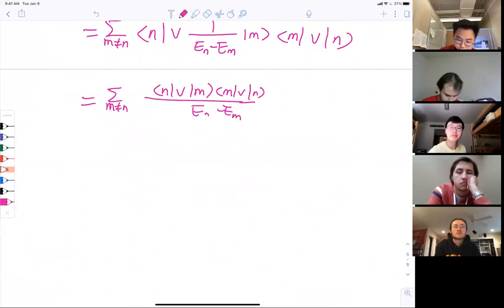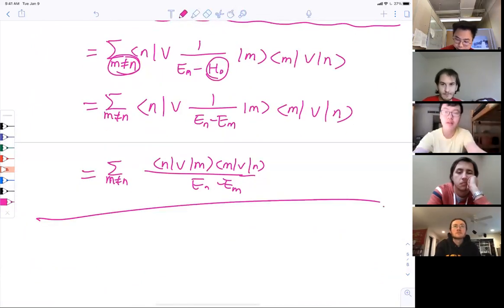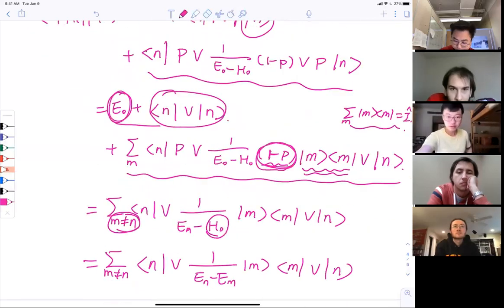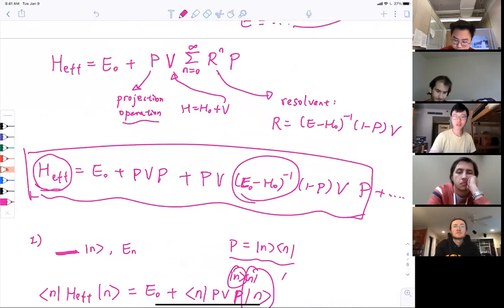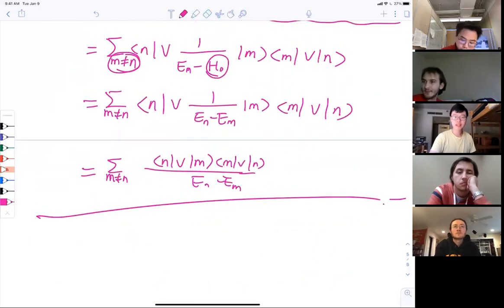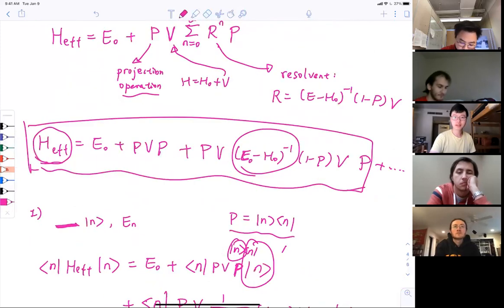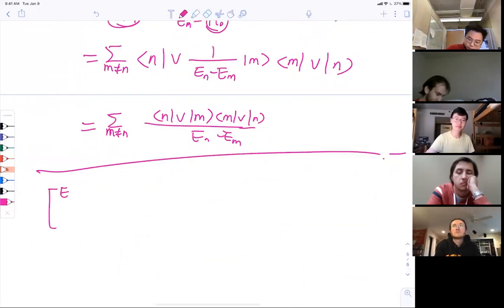You may think, okay, for one energy level, we spent so much work to produce the same result, so it's kind of useless. But this is powerful, especially for the degenerate case. So let me give you an example. Imagine I have a Hamiltonian that looks like this.